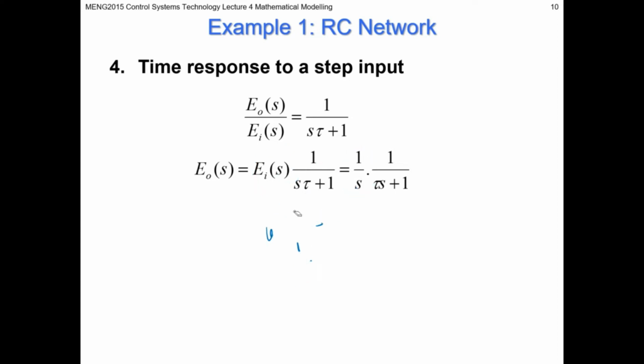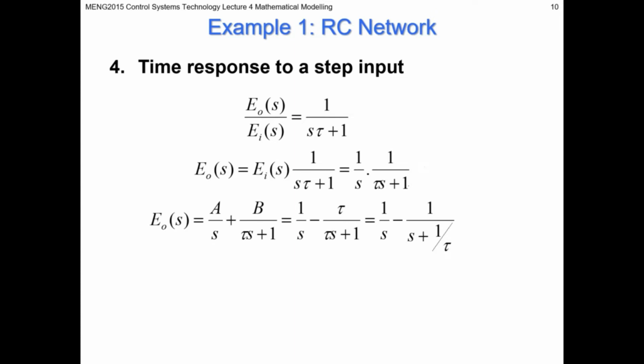Right, so we've got our 1 upon S here times 1 upon tau S plus 1. So we know that we're going to take partial fractions now, A upon S plus B upon tau S plus 1. And when we find the values for A and B, we find A is 1 and B is going to give us minus tau.